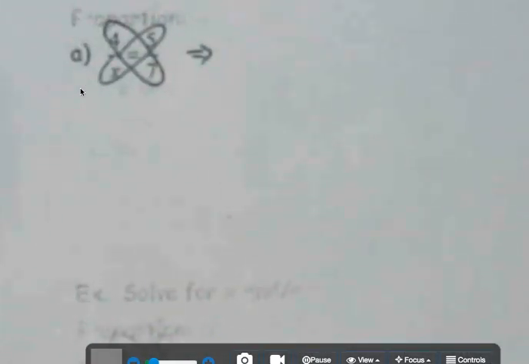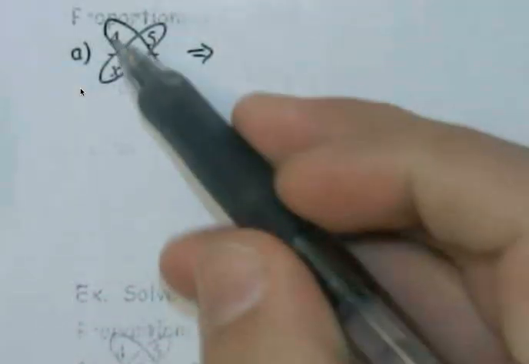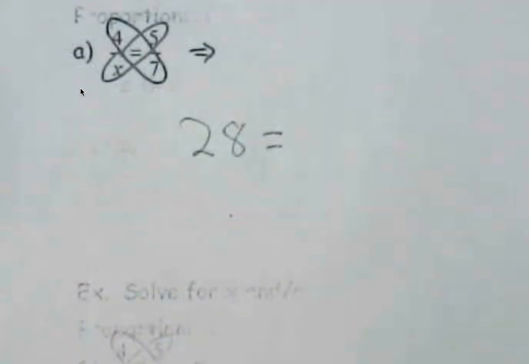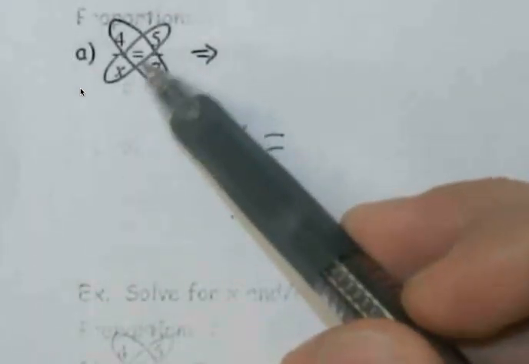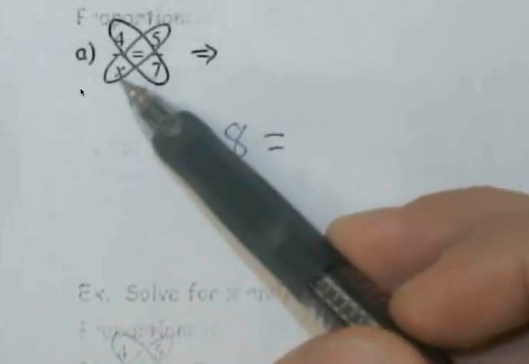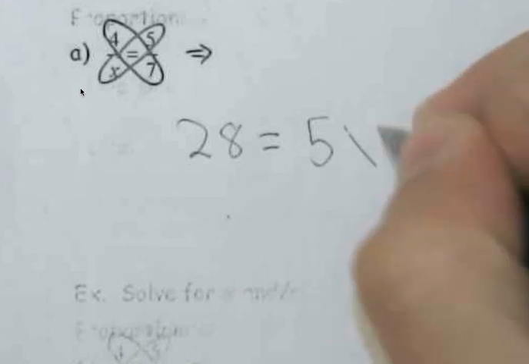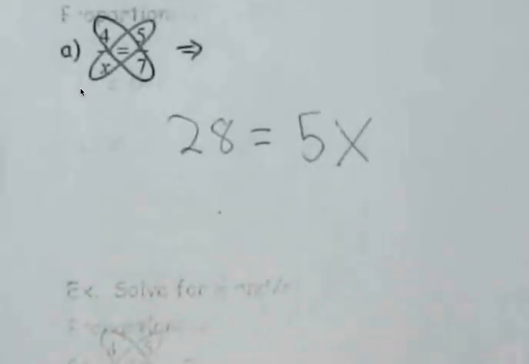We have a proportion, and I know this because these are two ratios set equal to each other. So that makes sense. We can solve this by cross multiplying. So 4 times 7 will get us 28. Feeling great at 28. This is equal to the product of this denominator and this numerator. So 5 times x is 5x. And then we're pretty much in the direction of being done.